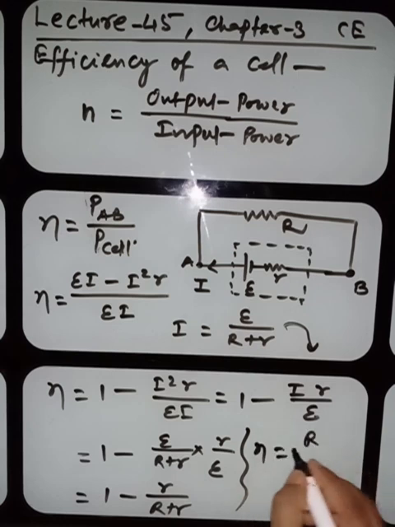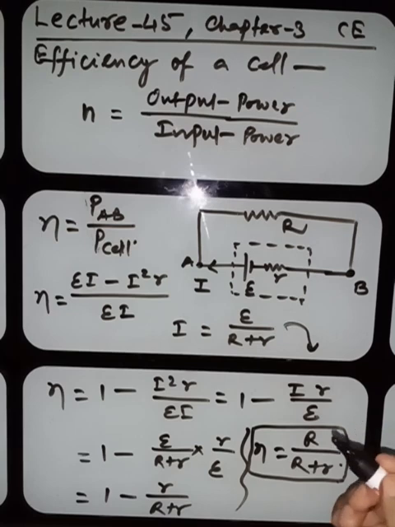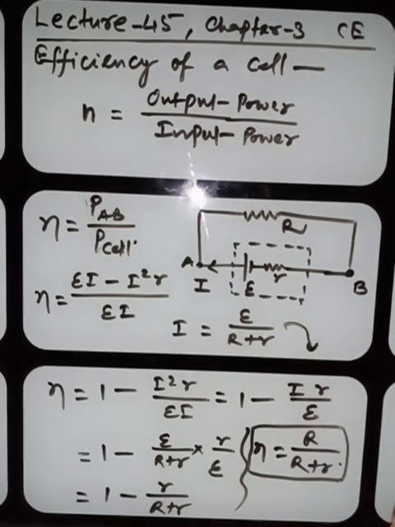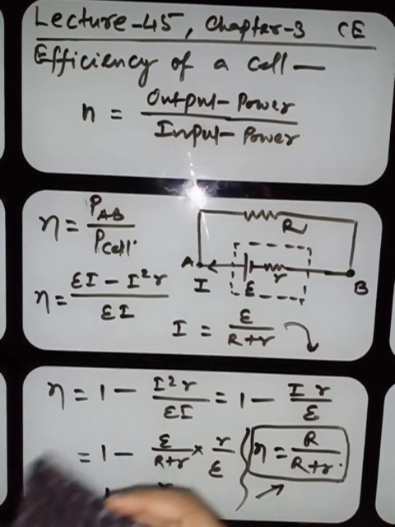This is R by R plus r. So if you have the resistance of the circuit and the internal resistance, then you can write the efficiency of a cell in this way. So this is the efficiency of a cell, my dear students. Okay. Now let me do some very easy questions.